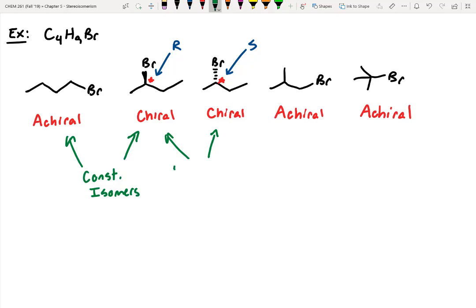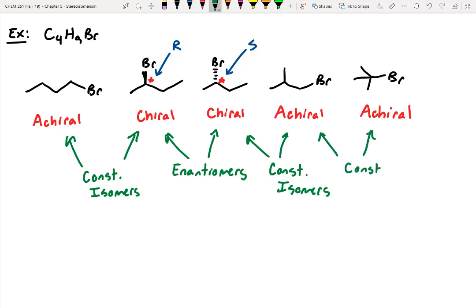So these are enantiomers. What about between these two? Constitutional isomers. And we'll just do these two for fun. Constitutional isomers.